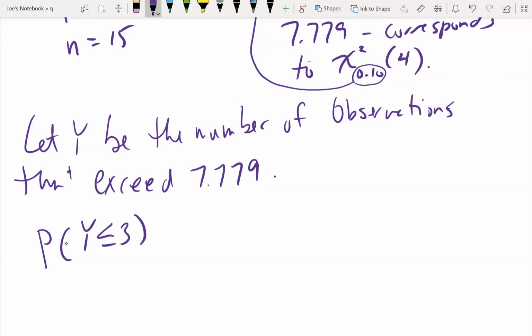The reason we know this is binomial is because we've got independent observations taken from the same distribution, and we're interested in the number of observations above that value. So they're independent and identical trials, and we're counting the number of successes. That's how we know it's binomial.